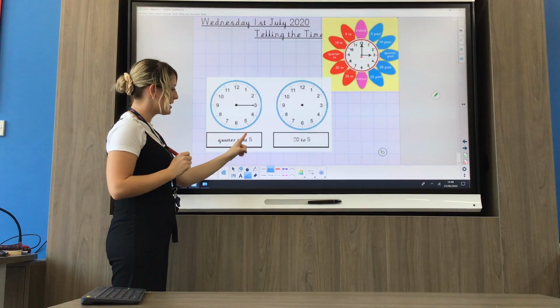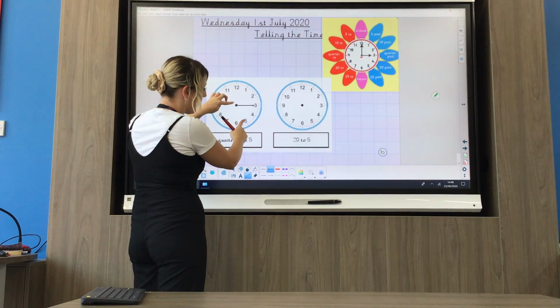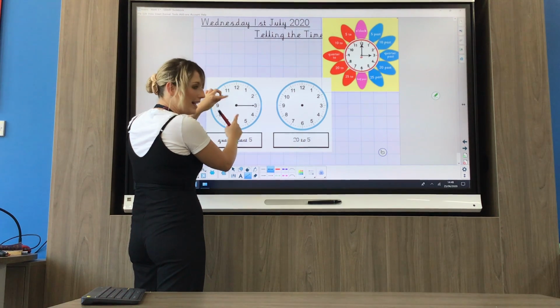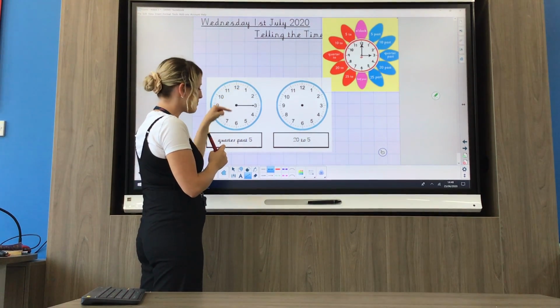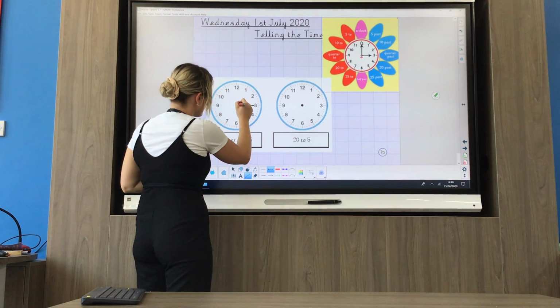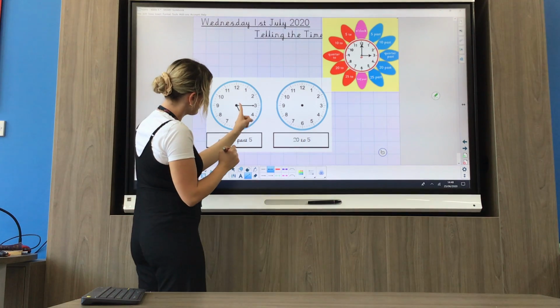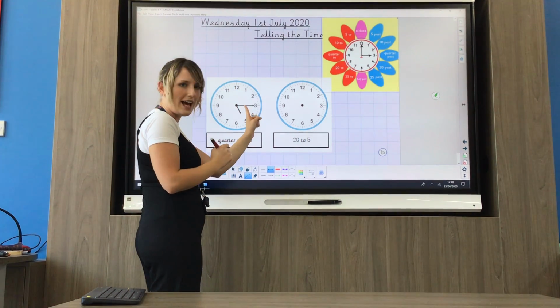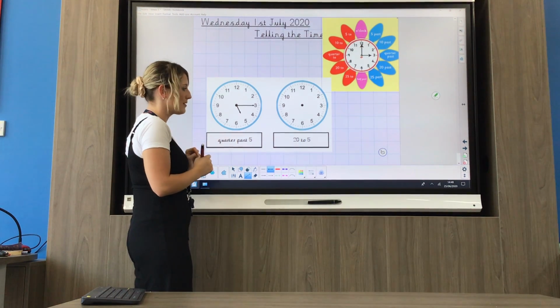Now if I had a ruler, I'd hold my ruler to the 5 and I'd move it slightly past, because it's not 5 o'clock anymore. I've gone 15 minutes past. So my short hour hand is going to go just after the 5. It's not pointed directly at it, it's a little bit past because we're now on 5:15.